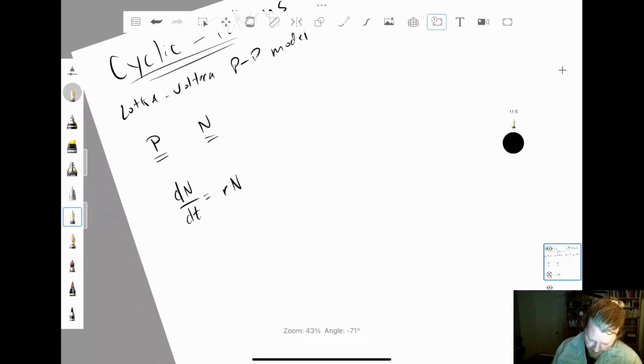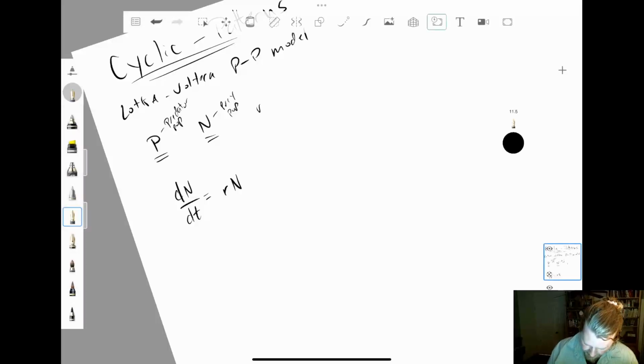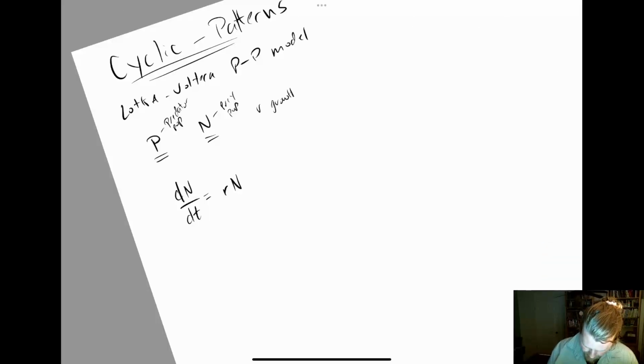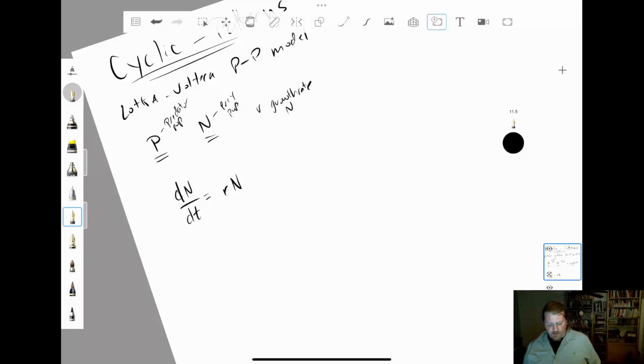We should label these things so we remember them. So this is predator pop. This is prey pop. r is growth rate of prey, right?